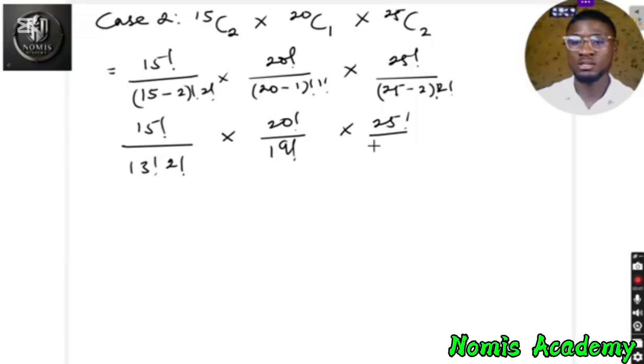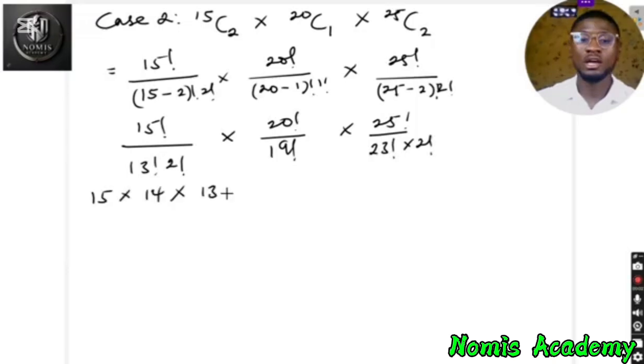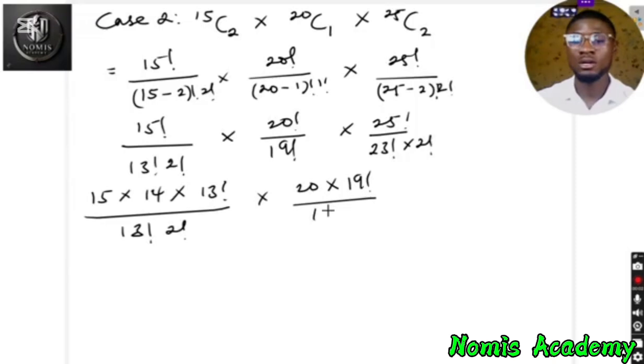So here I can express it as 15 times 14 times 13 factorial all over 13 factorial, 2 factorial, multiplied by 20 times 19 factorial all over 19 factorial, multiplied by 25 times 24 times 23 factorial all over 23 factorial, multiplied by 2 factorial.